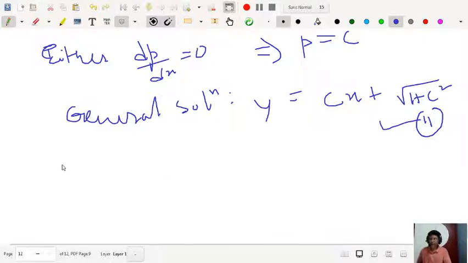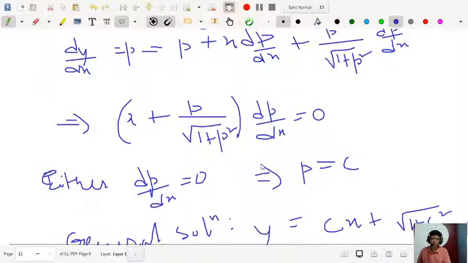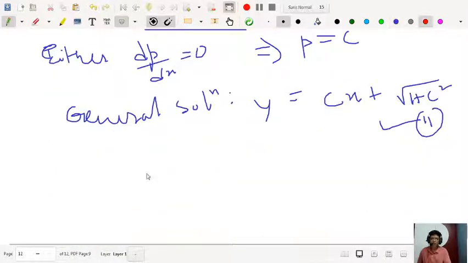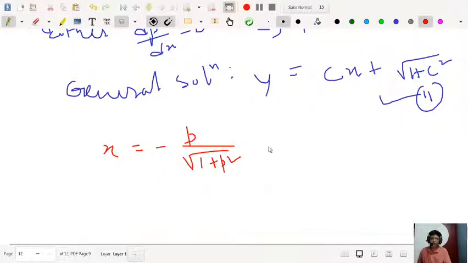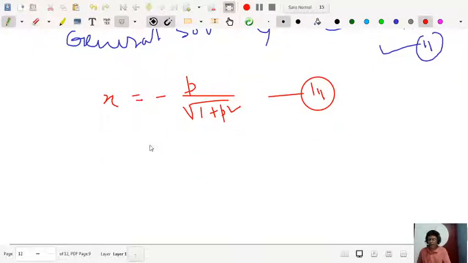And another solution: x is equal to minus p by root over 1 plus p square, from here. This is your equation 3, and if you replace this x in the given equation, then your y will be 1 by root over 1 plus p square, right?